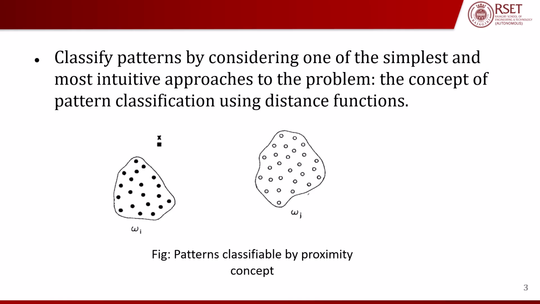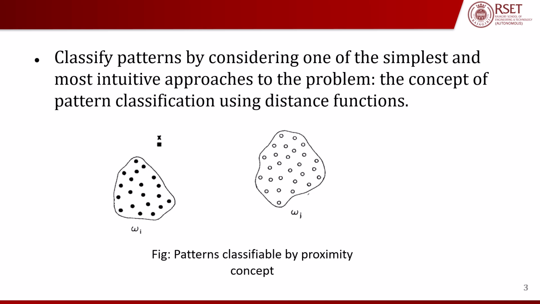Let's call that a reference point x. Now if I ask you what is the most likely cluster to which this new point would belong, just by eyeballing you might tell me that it belongs to the cluster omega I and not omega j.